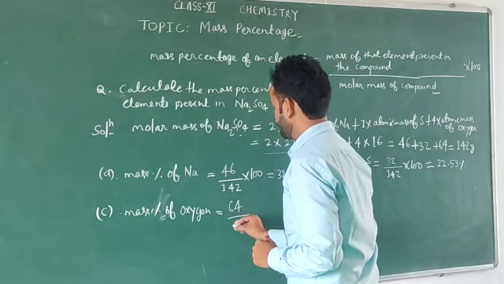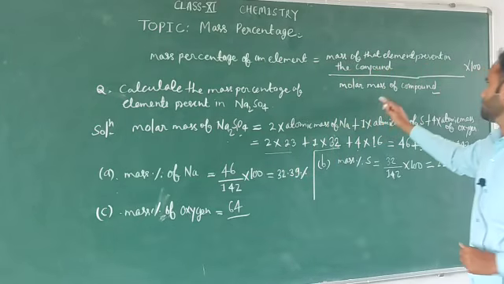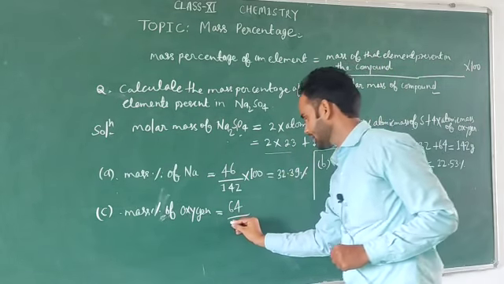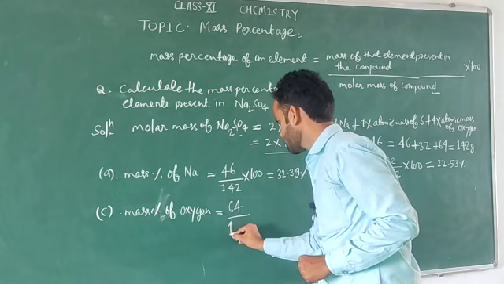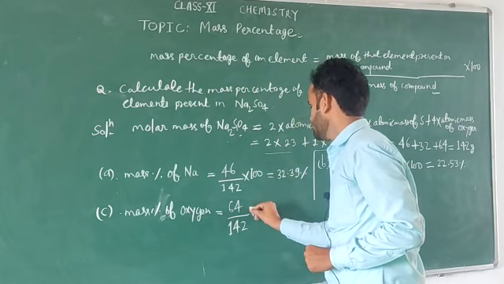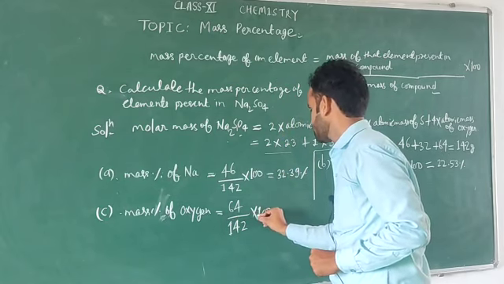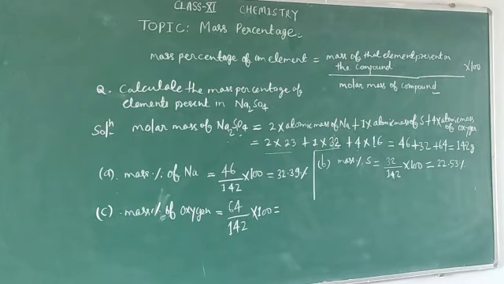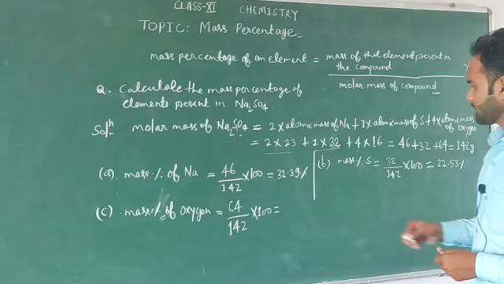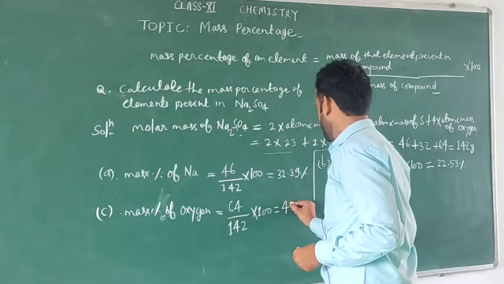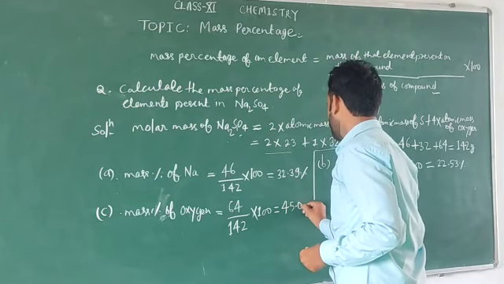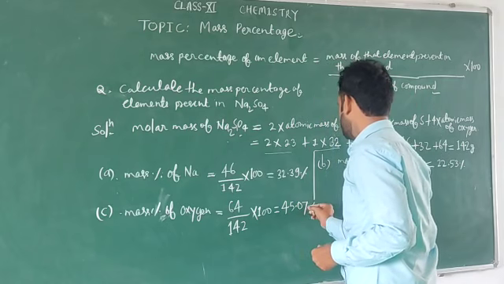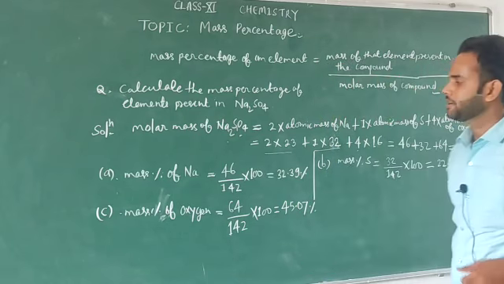So 64 divided by the molar mass of the compound, 142, times 100. By using this formula we can get the mass percentage of oxygen. After calculating this, we get 45.07%. You can also calculate it.